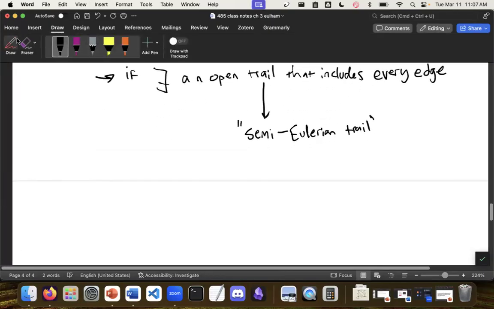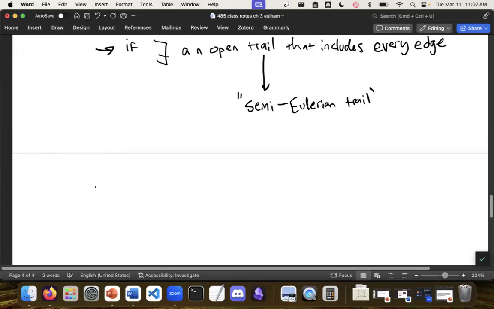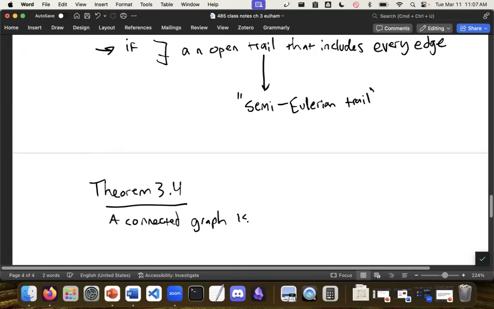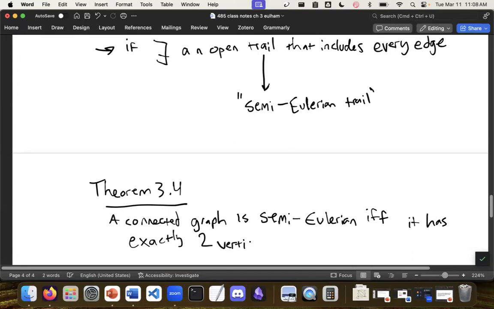And the theorem is 3.4, which is a connected graph is semi-Eulerian if and only if, so we see this again, if and only if it has exactly two vertices of odd degree.